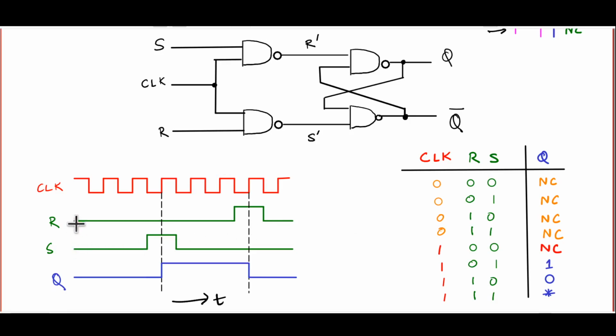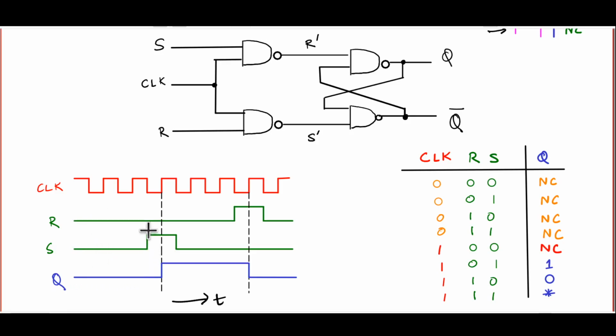And let's consider a situation where R and S are both low to begin with, and they stay low for quite a while. Now, as long as R and S are both low, you are in this line of the table or this line. Of course, if the clock is low, then you are in the no change condition anyway. But even when the clock goes high, you are in the no change condition, so the output does not change. We are just assuming that the output Q is low to begin with. So as long as R and S are both low, Q stays low.